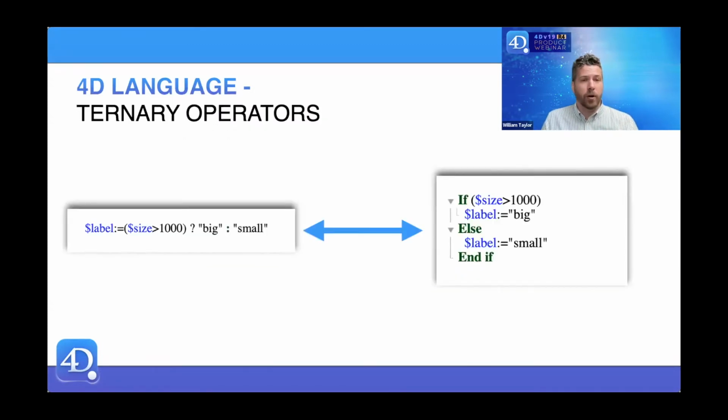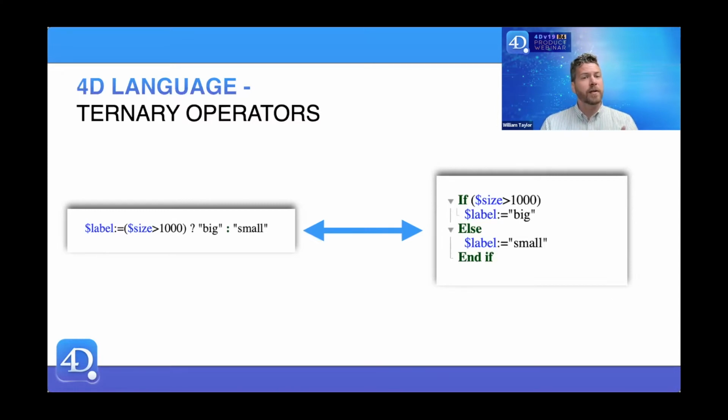Also in R4, there is a new way to assign values to variables with ternary operators. If we look at both code snippets, left and right, they're equivalent, but as you can see, the left is a little bit more concise.